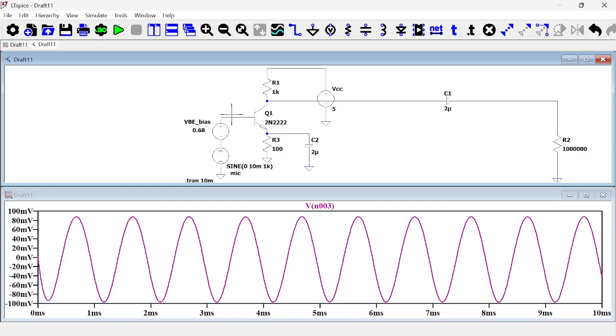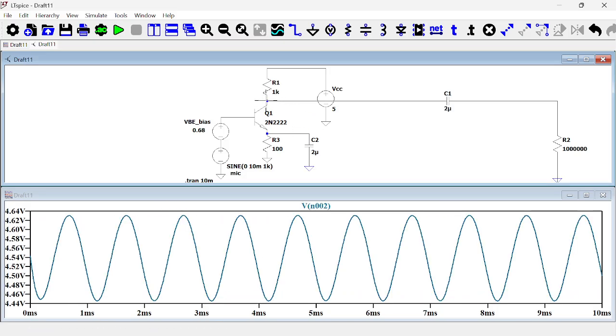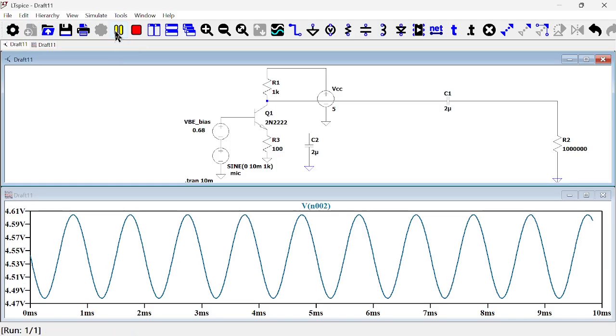Okay, also with emitter degeneration, we see that the midpoint voltage has been raised. Without the emitter degeneration, the midpoint voltage was quite low. So let me run and look at this. Okay, so the midpoint voltage is now 4.542 with emitter degeneration.